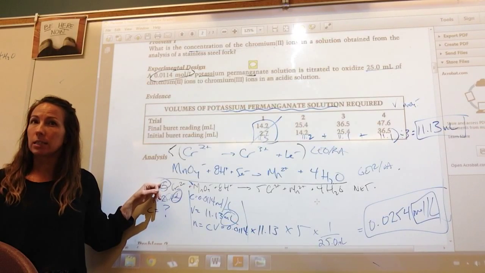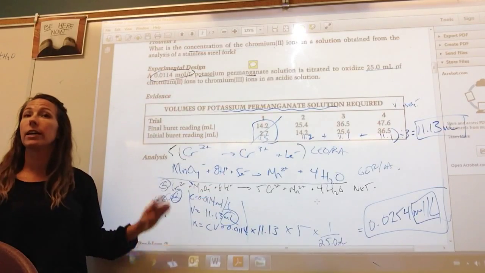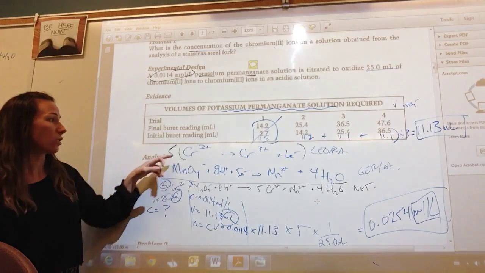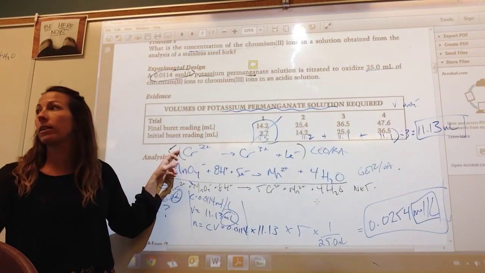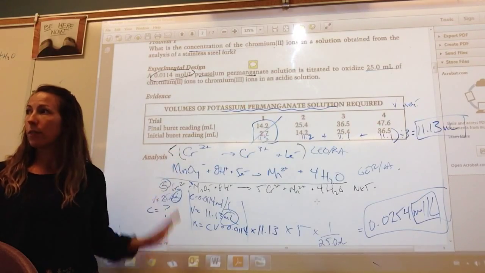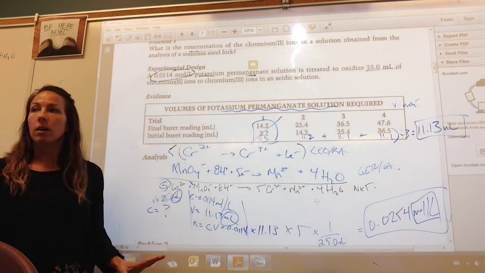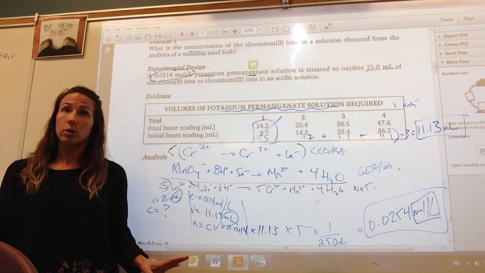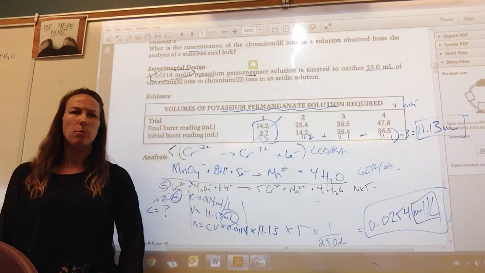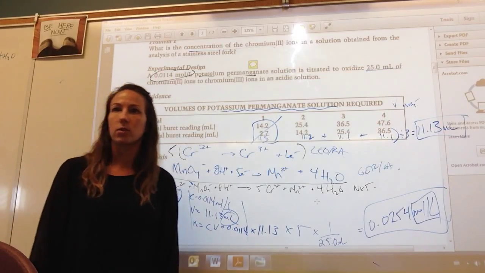See how they all piece together here? So nothing on here is new. In fact, this chromium 2+ to 3+ is from the very first package of this unit. But putting it all together is hard. Lots of balls to juggle here. So it's probably going to feel a little bit shaky, but just practice.